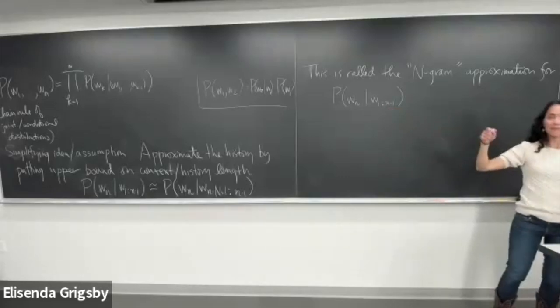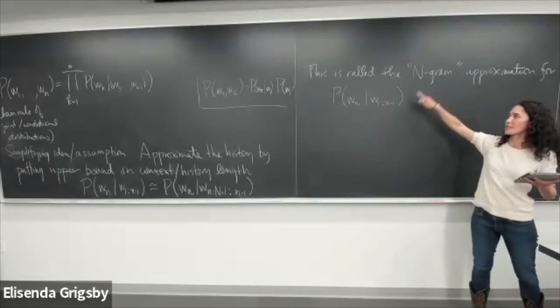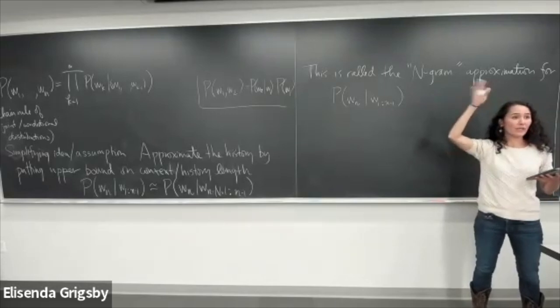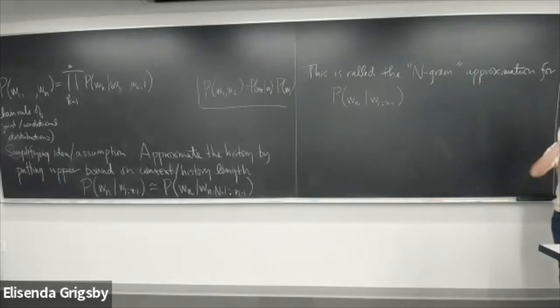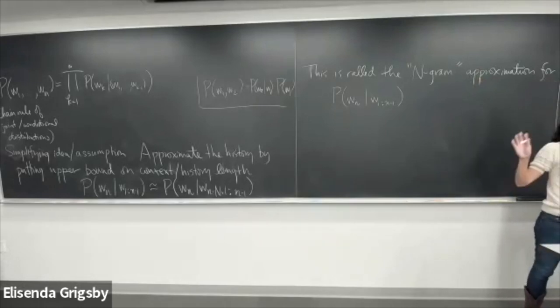So 2-gram statistics just look one element back. So they're predicting the next word just from counts of the previous word and then the next word. Okay, so this again is context for what I'm going to say next.